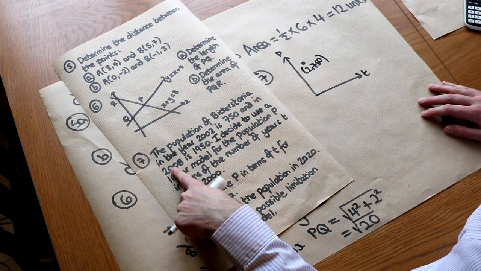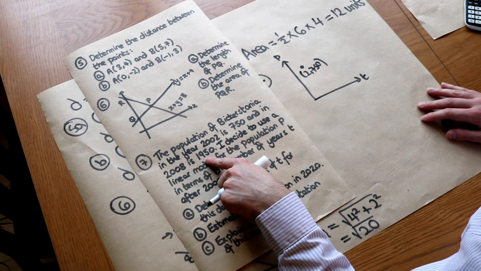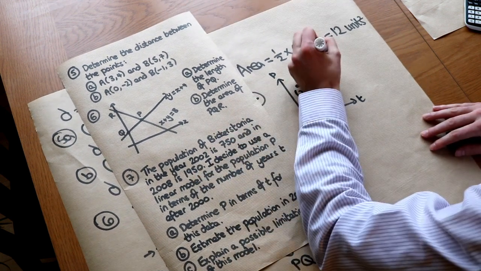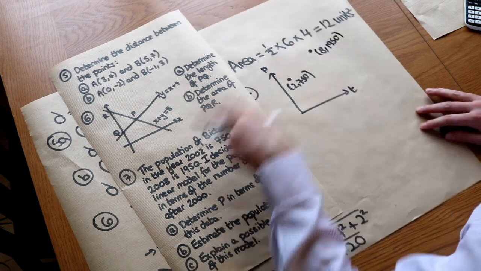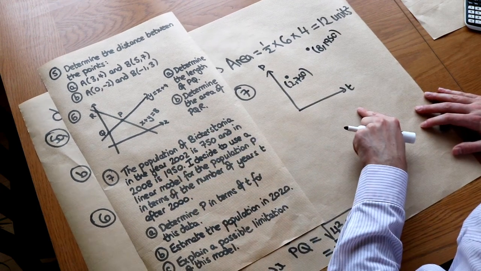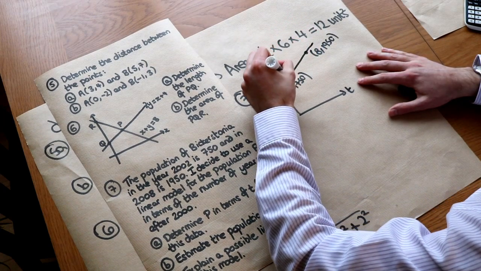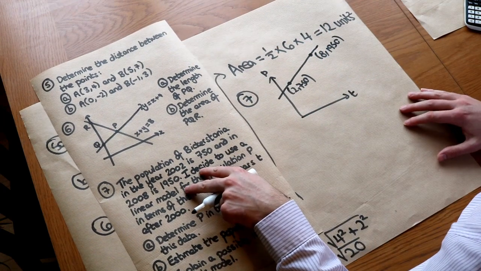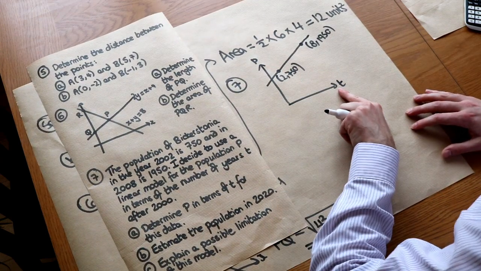And then when it's 2008, so when T is 8, the population P is 1950. So we've got (8, 1950). And it wants us to find an equation for a straight line because we're using a linear model, so that means that we want to represent the population as a straight line equation. So we need to determine P in terms of T.